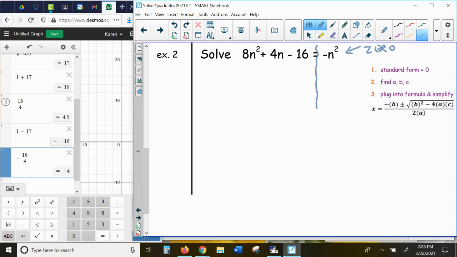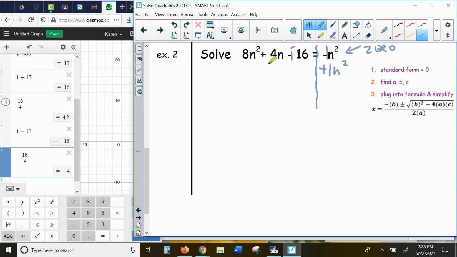Now remember, you can do your step of adding the negative and invisible 1. I need to get rid of this negative 1n squared. So that means I'm going to plus 1n squared on this side, and I'm going to plus 1n squared on this side.